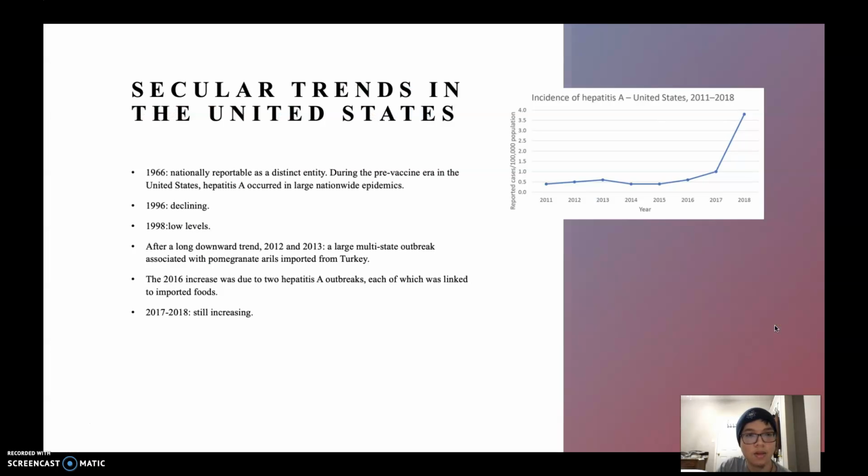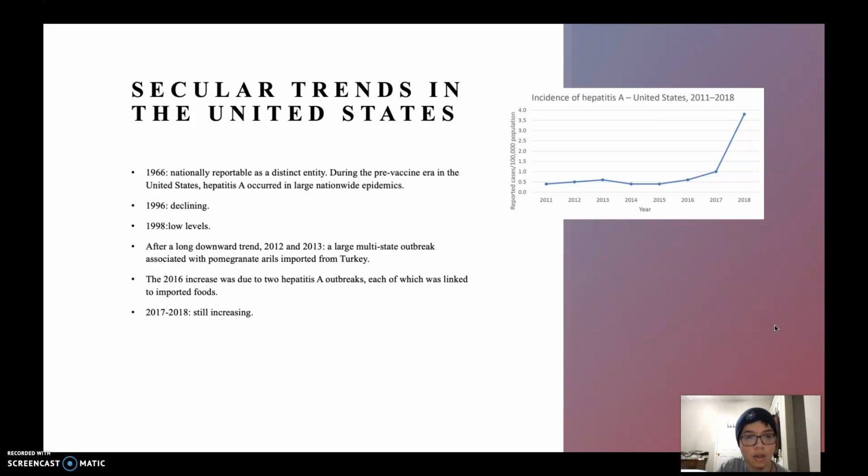And here's the secular trends in the United States. In 1966, hepatitis A became nationally reportable as a distinct entity. During the pre-vaccine era in the United States, hepatitis A occurred in large nationwide epidemics. However, in 1996, due to vaccination initiation, the rate of hepatitis A was declining. Up to 1998, it was at low levels.